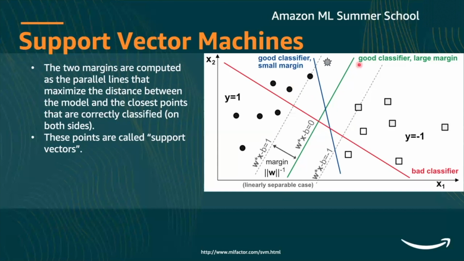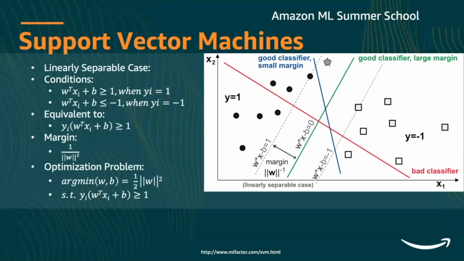The core idea of the SVM is to maximize the margin under the constraint that the classifier does not make any mistake. So the SVM solves the following optimization problem when the data is linearly separable. You would want that all the samples of class 1 are on the right hand side of this margin, and all the samples of class -1 are on the left hand side of this gray line, which is equivalent to saying y(w transpose xi plus b) is greater than or equal to 1, and the margin is denoted by 1 by norm of w square.